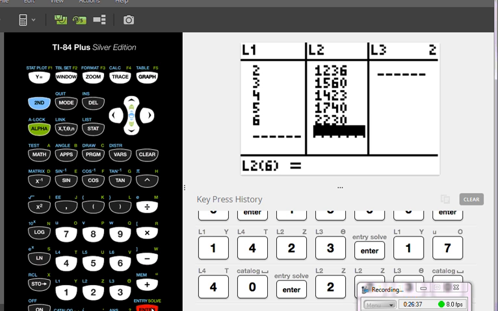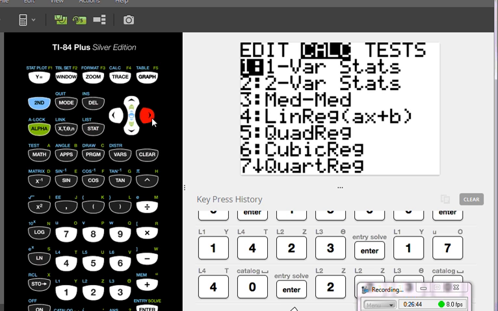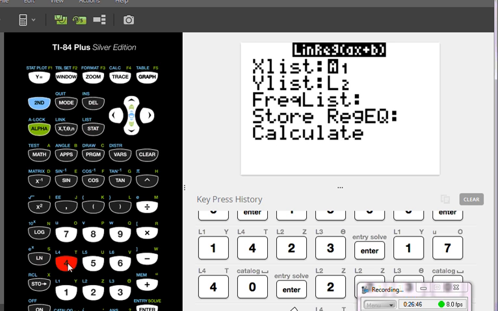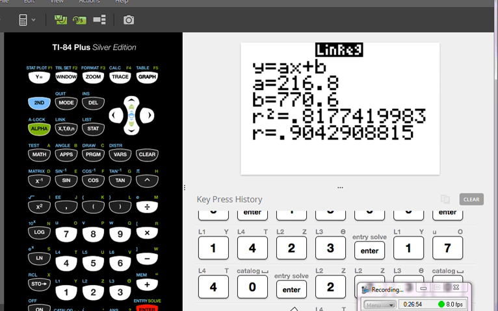So we got our 2 columns in. We go to stat, calc, 4, and we go all the way to enter. And we end up with this equation right here.